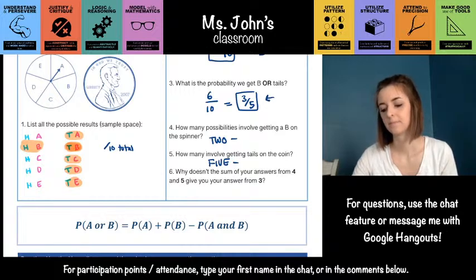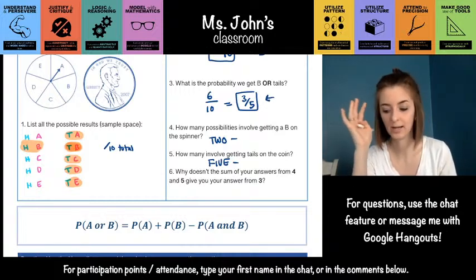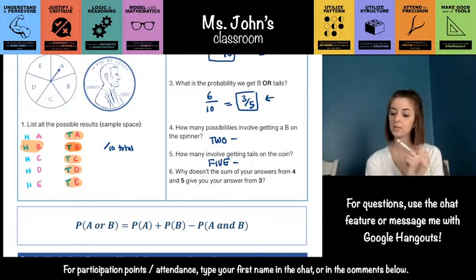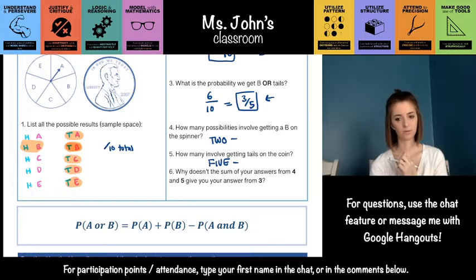I would encourage you to think about that for a minute. Because we had 2 possibilities for getting a B and 5 possibilities for getting a tails. Why doesn't 2 plus 5 give us the probability for getting B or tails?